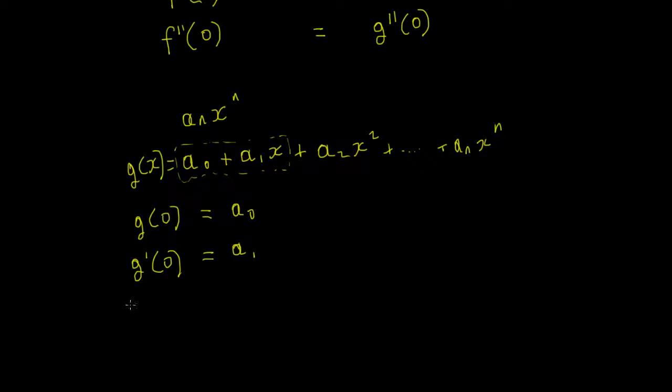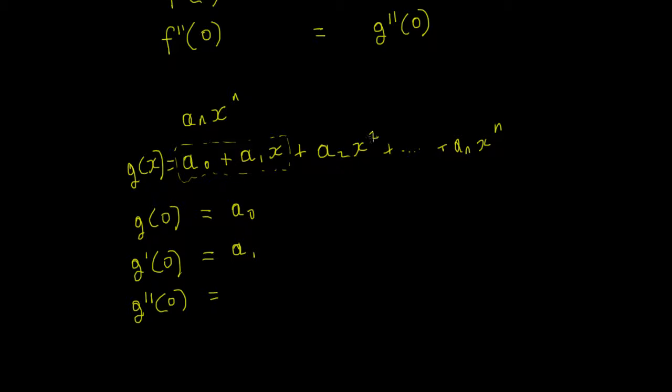Okay, and if you did g double derivative of 0, again, once that's differentiated twice, a0 is just a constant that disappears.